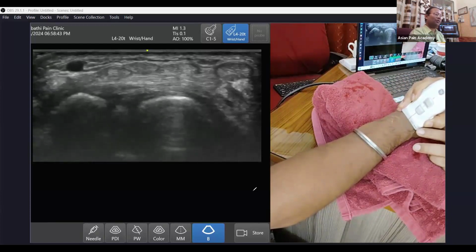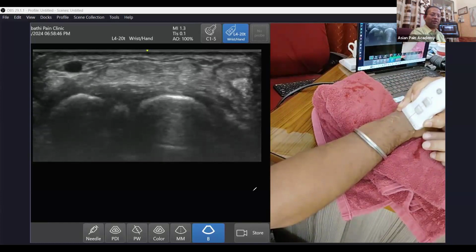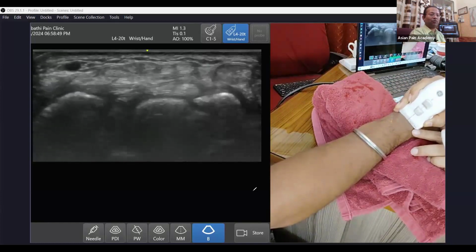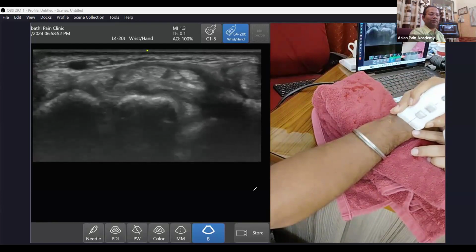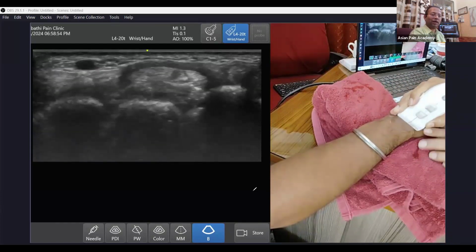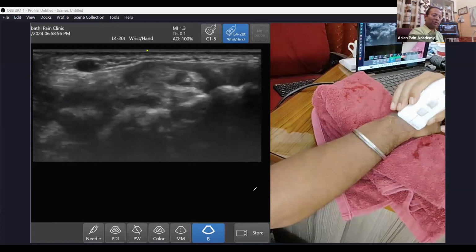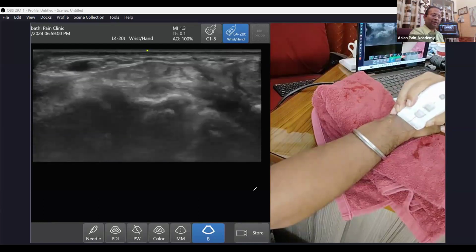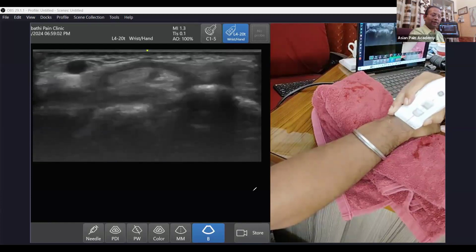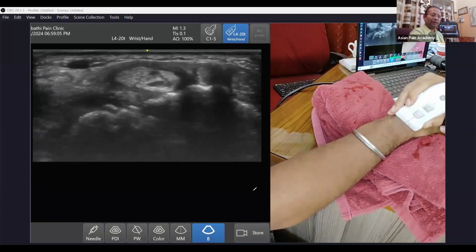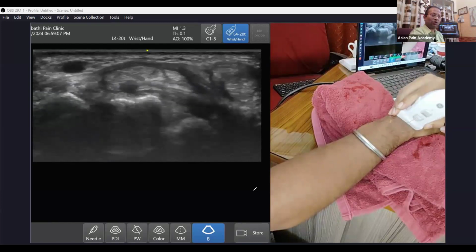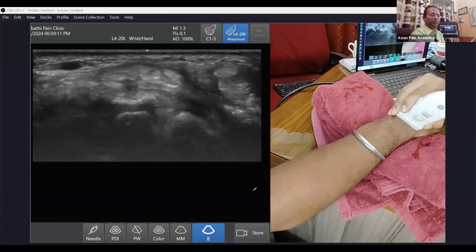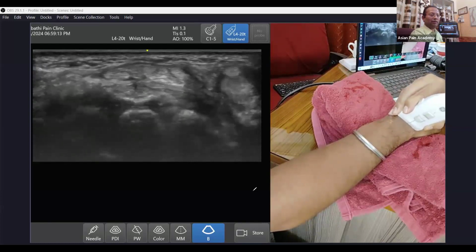Okay. Now after we have seen all the sleeves clearly, I will move the probe towards the radius a bit obliquely. So this is always not hyperechoic, but still you can see.